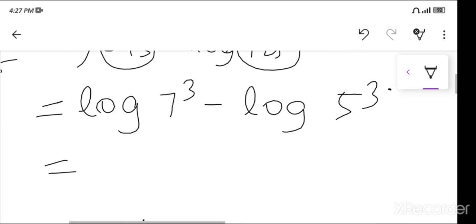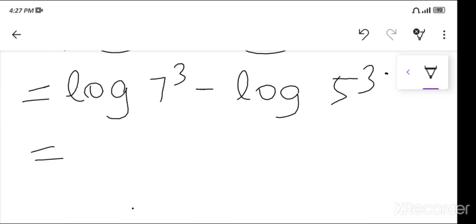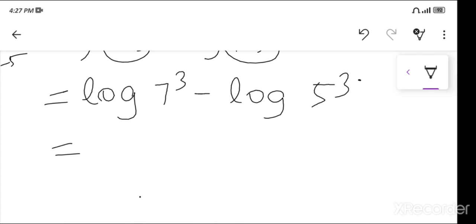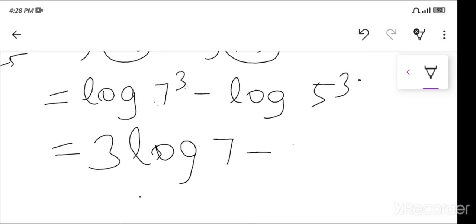Now the final step, you need to observe. As I told you last time, if there is a log with a power on the value, the power goes in front of the log. So that makes it 3 log 7 minus 3 log 5.